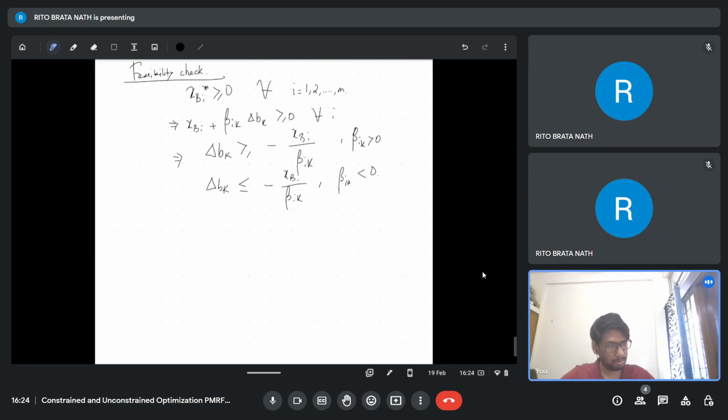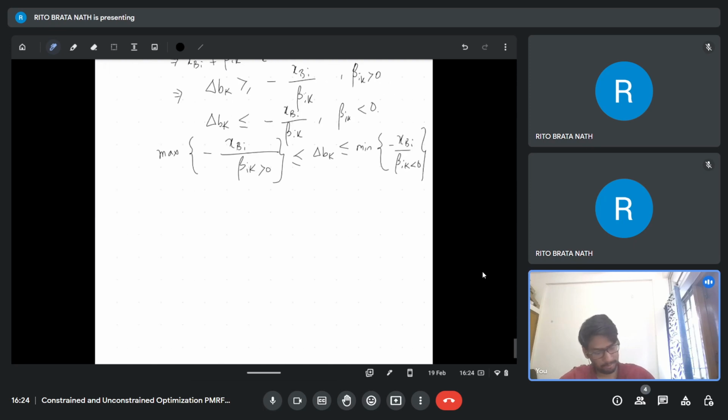So that means if max of minus xbi divided by beta ik, for beta ik greater than 0, is less than or equal to delta bk less than or equal to min of minus xbi divided by beta ik, for beta ik less than 0, then all solutions will remain feasible.